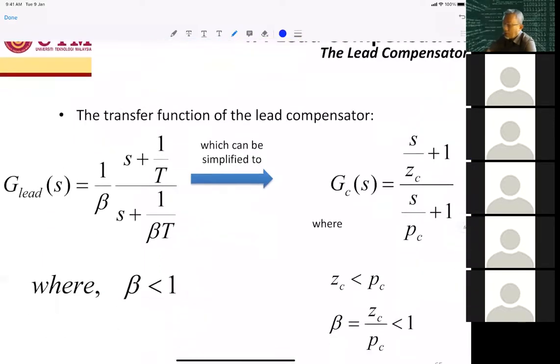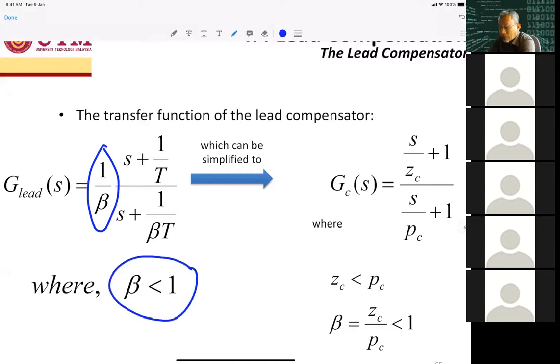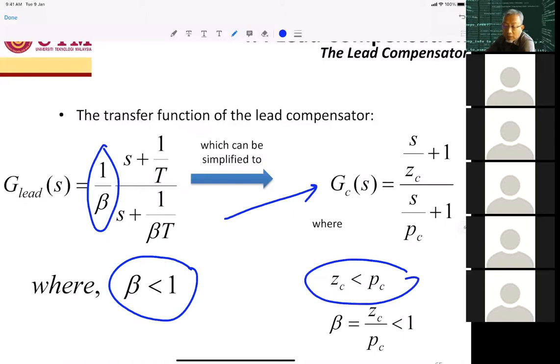So the transfer function of a lead compensator is given by (1/beta)(S plus 1/T) divided by (S plus 1/(beta T)), where beta is less than 1. Please remember that. It can be simplified as Gc, the lead compensator, (S/ZC plus 1) divided by (S/PC plus 1), where ZC is less than PC.